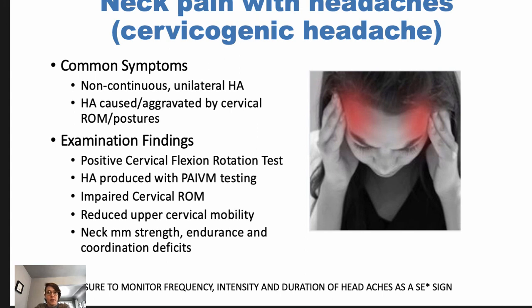Be sure that when you have a patient with neck pain with headaches, that you monitor the frequency, the intensity, the duration of their headaches as a continual monitoring. So just don't forget to do how often, how intense, and then how long are each of those headaches lasting.